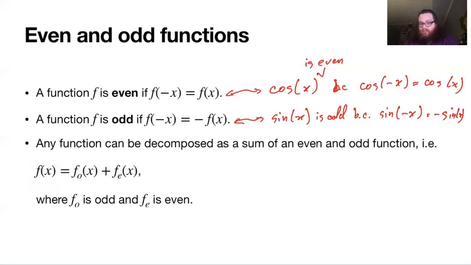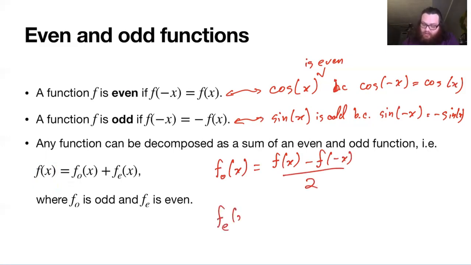So how might we prove that? One way is to explicitly write out what these pieces are. The odd piece is going to be f of x minus f of minus x, over 2. And the even piece is going to be f of x plus f of minus x, over 2.